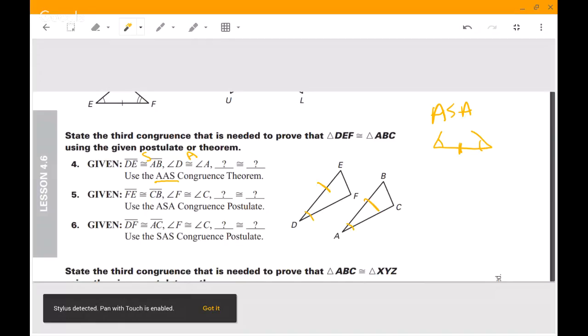So it can't look like this or else it's angle side angle, right? So we're not going to prove this angle, right? So which other angle would we need to prove is congruent? Yes. Angle C and angle F.